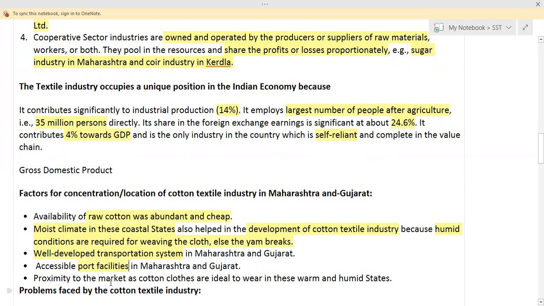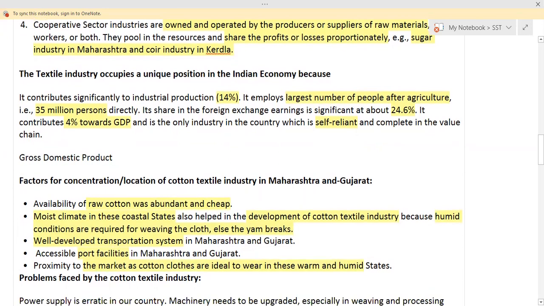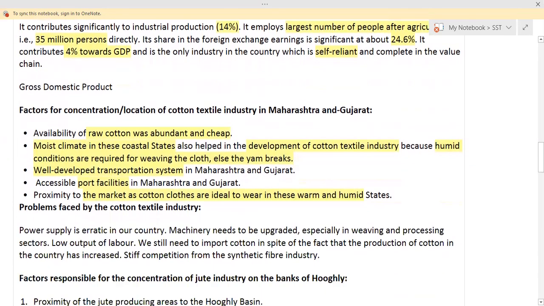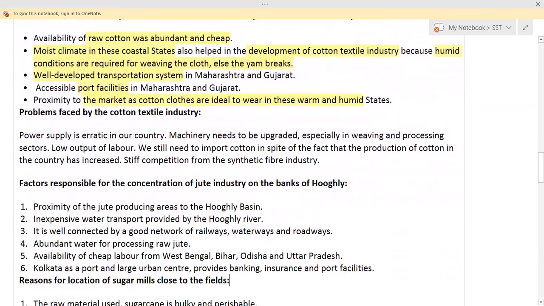The market of these states is nearby, and people in the states wear cotton clothes as the area is very humid and warm.